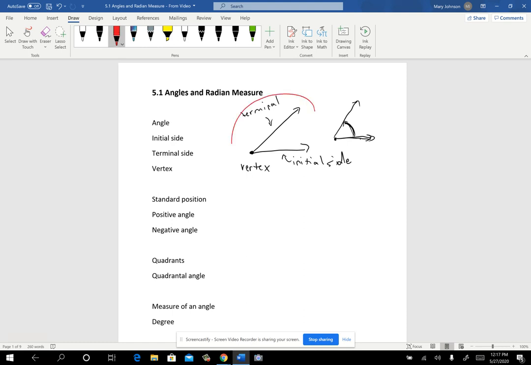This whole thing is called your angle, okay? And so it has an initial side, a terminal side, it has the vertex. And then what you think of as the angle is the amount of rotation that you have there, okay?